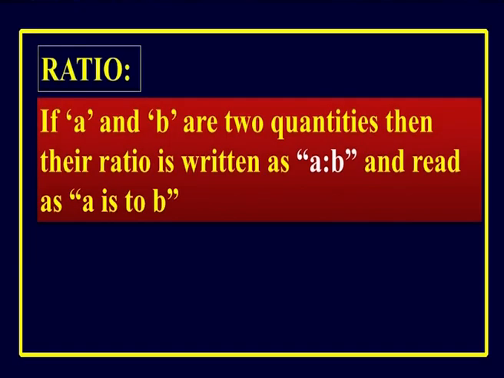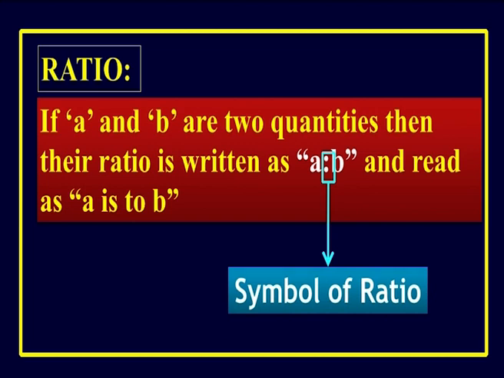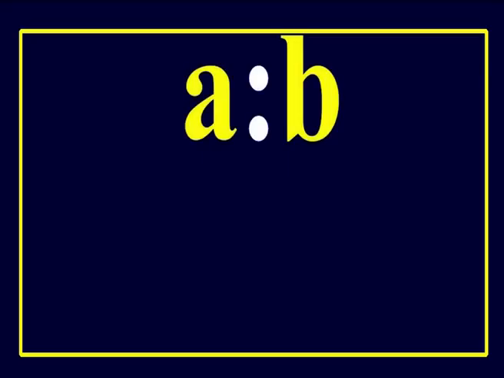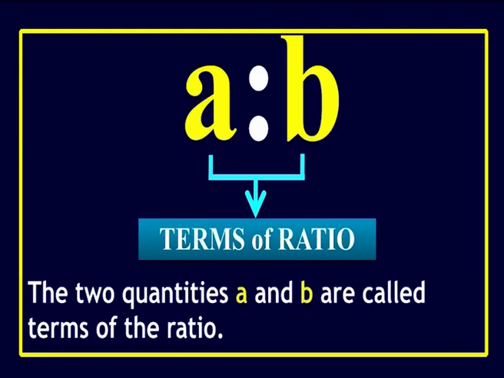Let us see what the ratio actually is. If A and B are any two quantities, then the ratio is written as A colon B and we read it as A is to B. The colon symbol represents ratio. In this ratio A is to B, A and B are called the terms of the ratio.